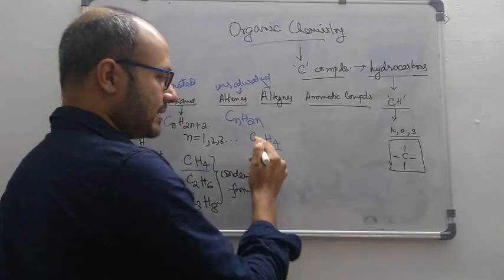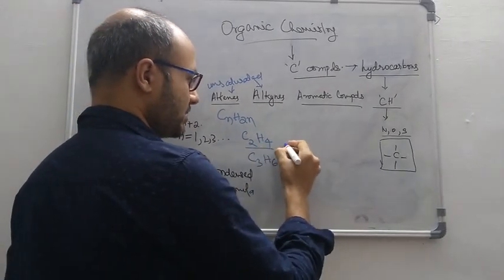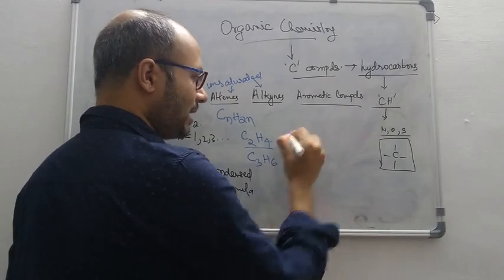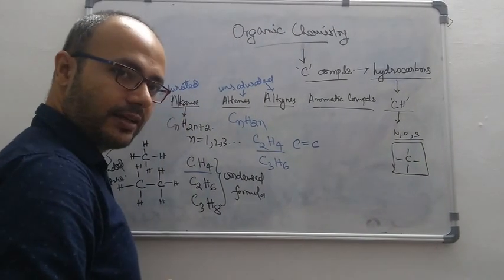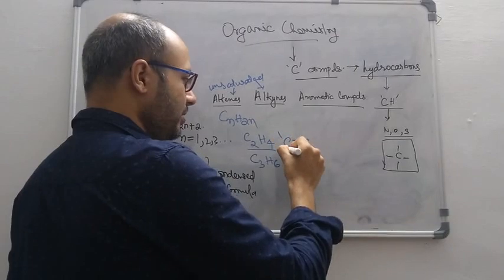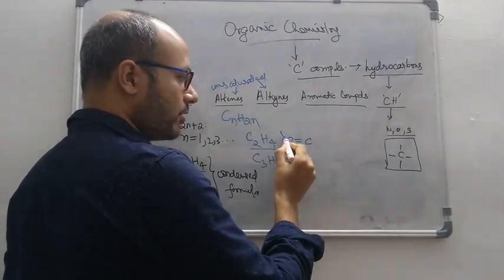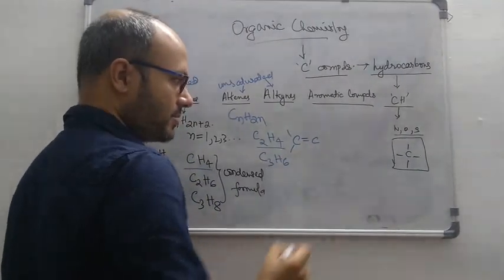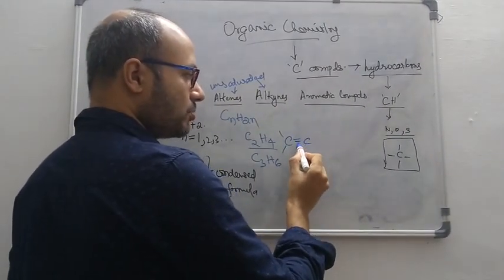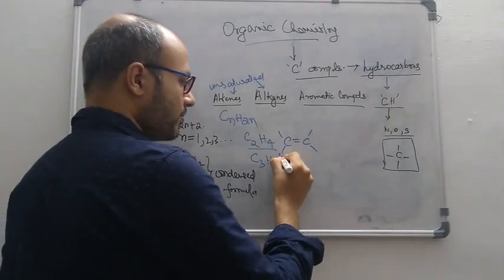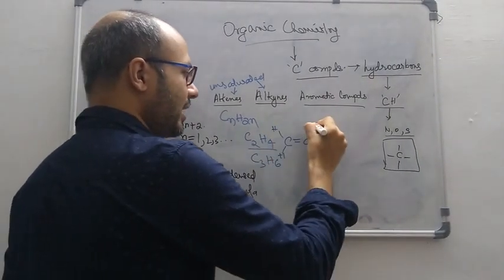Now, how do you write the structure of this compound? C2H4 would be two carbon atoms with a multiple bond between them. If we consider this carbon, two bonds are already formed, so only two more bonds are possible. This carbon also has two bonds already formed, so you can have only two more bonds. Those bonds are attached to hydrogen.